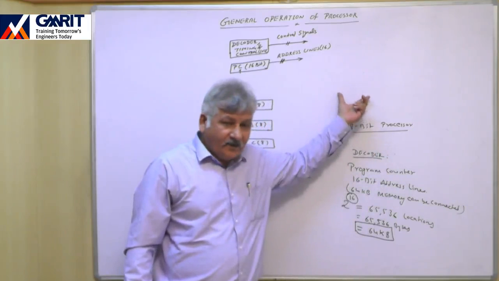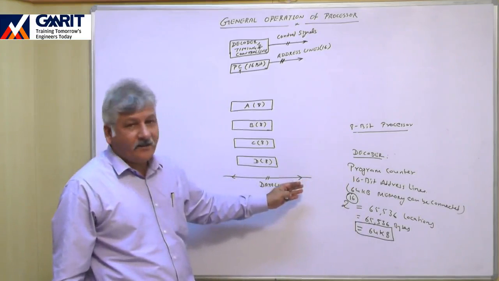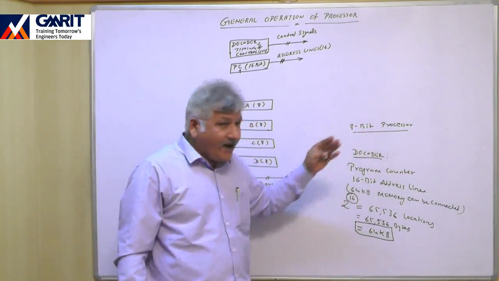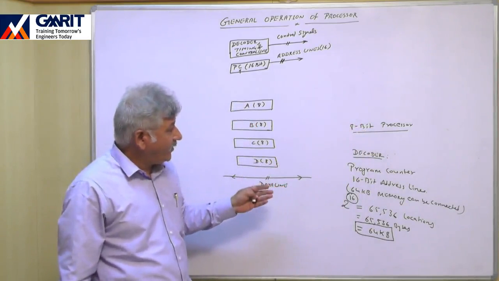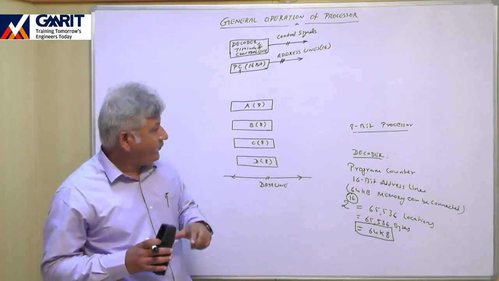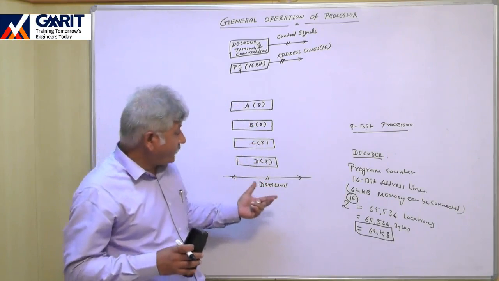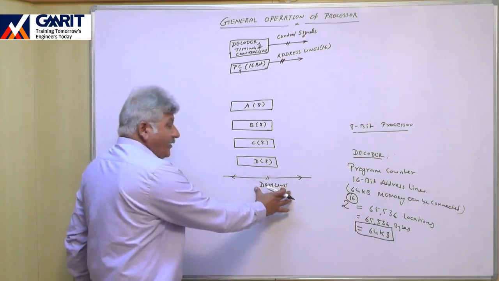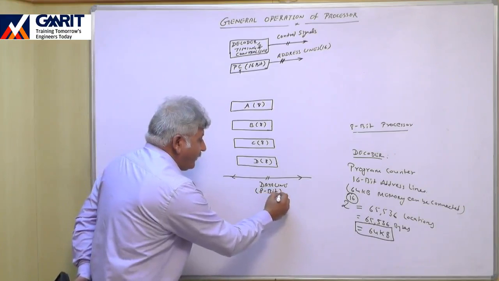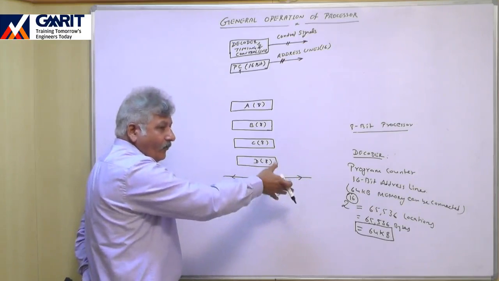If the processor is 16-bit, then at a time it can send or receive 16 bits of data. If a processor is 32-bit, then at a time it can send or receive 32 bits of data. So let us assume, for this explanation, this processor is an 8-bit processor. Then the data lines of this processor will be 8-bit. So there are 8 wires over which data will flow.